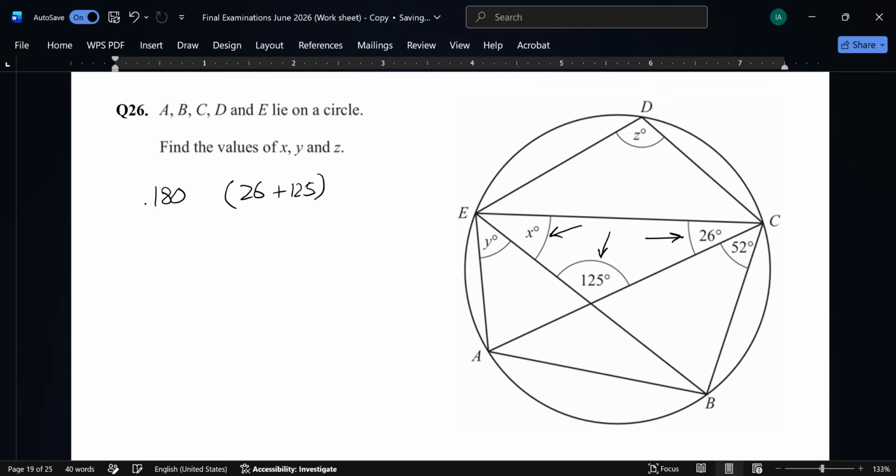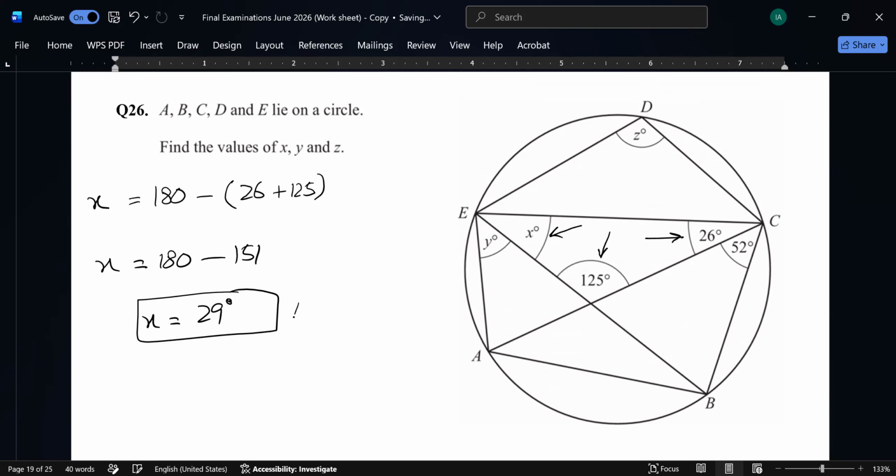This gives me the value of x. This is 151. So the value of x will be 29 degrees.